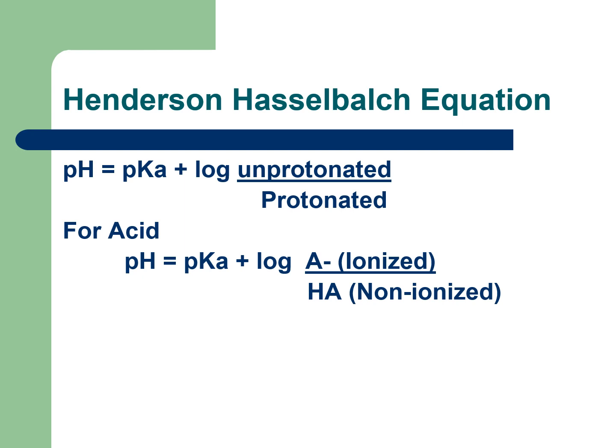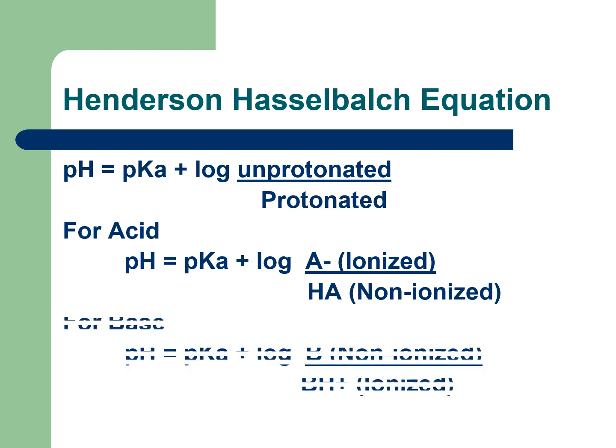In the equation we saw, HA was giving out a proton and was free of any charge, so that was the non-ionized form. For the base, the protonated form BH plus was ionized. So you have to remember this equation, how it is derived, and what its clinical significance is.